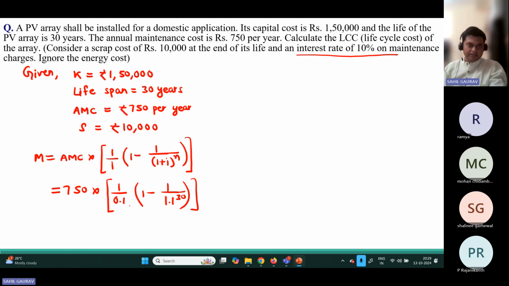So it will come as 750 into 0.9427 upon 0.1, which is 7070.1.